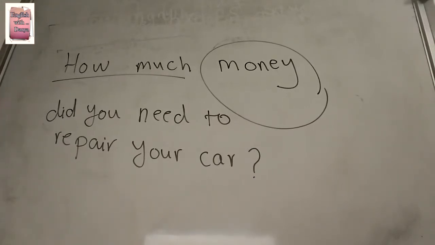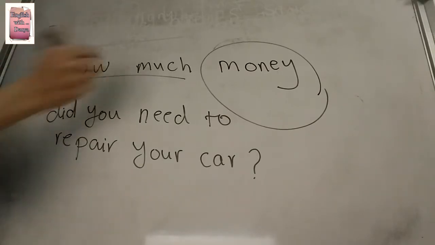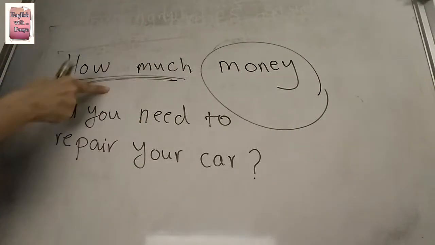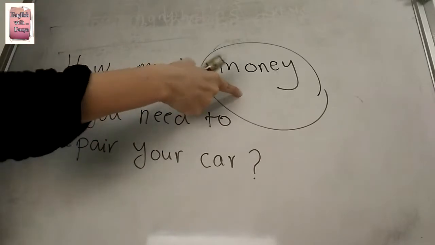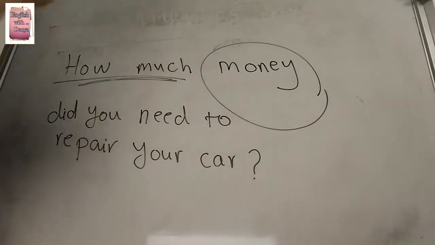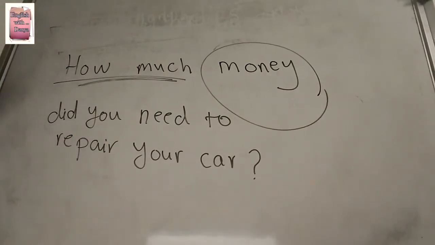So what you need to focus on is the question: do you need to use how much or how many? We use how much to talk about something that is uncountable, but we use how many to talk about something that you can count. All right. So these are the things that you need to know.